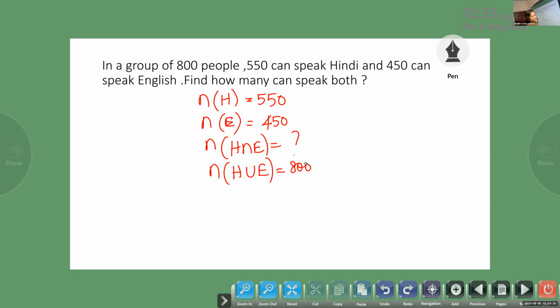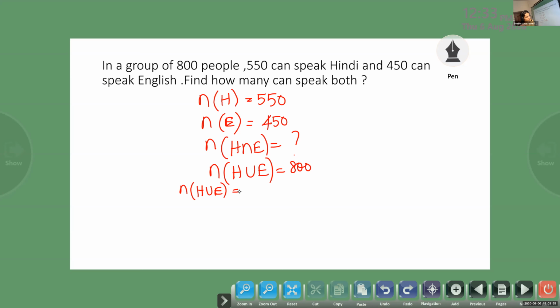Tomlin, give the formula. Instead of A and B, use the alphabets H and E. So n of H union E is equal to, unmute and tell.